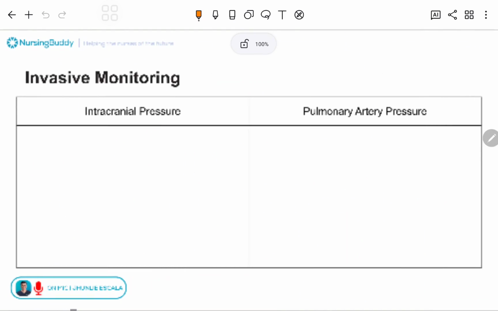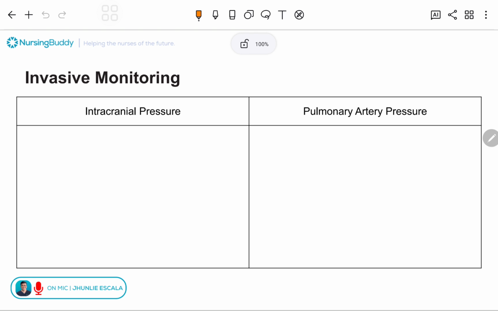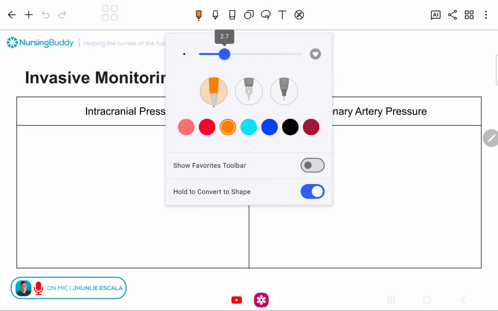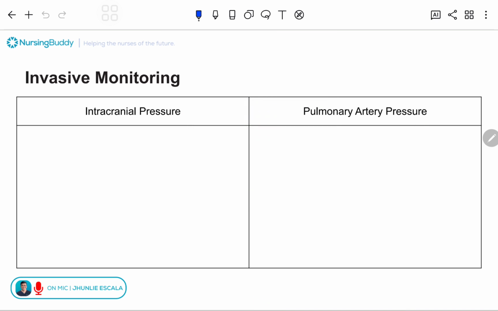So, let's discuss your invasive monitoring. Okay, so we have here your intracranial pressure and pulmonary artery pressure. So, kapag sinabi natin, kapatid, na intracranial pressure is the pressure inside the skull, while your pulmonary artery pressure is the pressure in your pulmonary artery in your respiratory system.